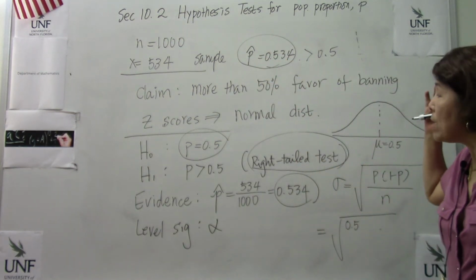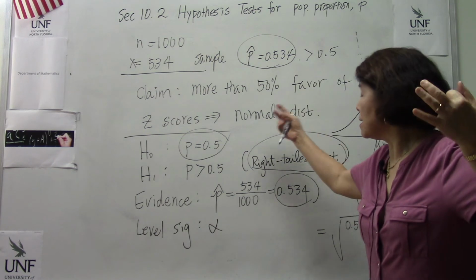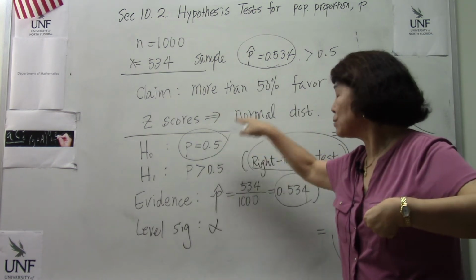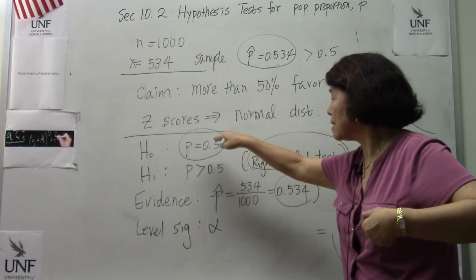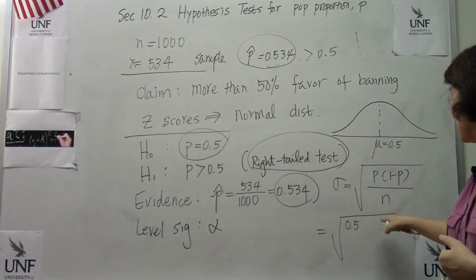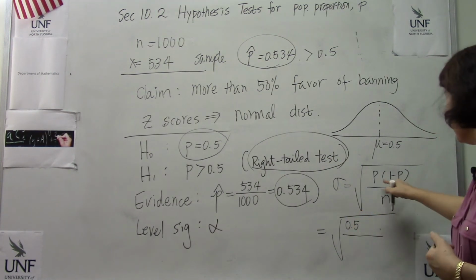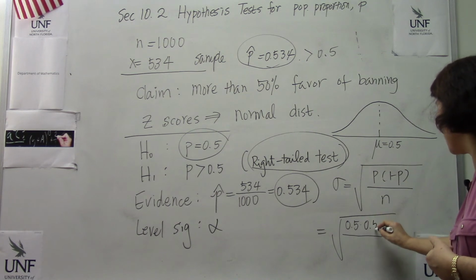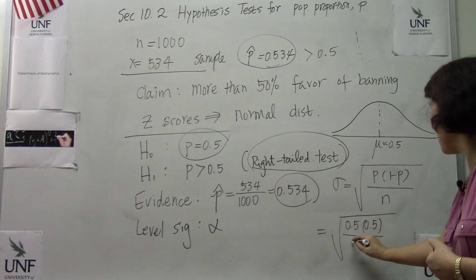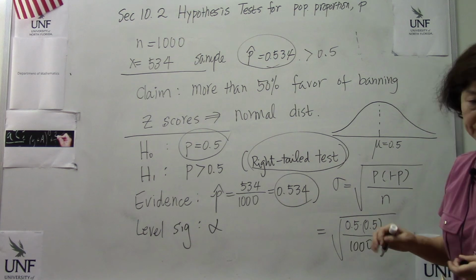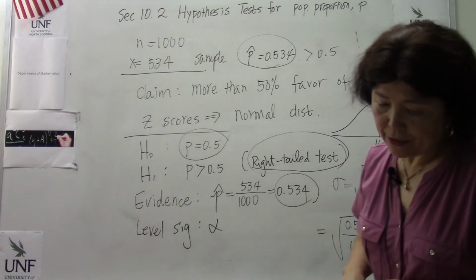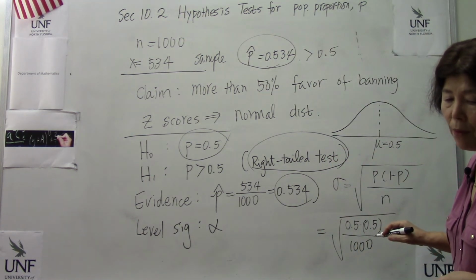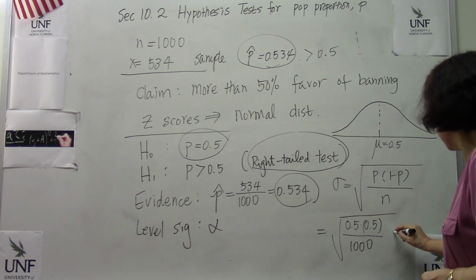Because we still say this is the status quo, so we believe that one is still true. So use everything as just p naught. So 1 minus p is also 0.5, and divide by 1000. Okay, so that is approximately 0.016.